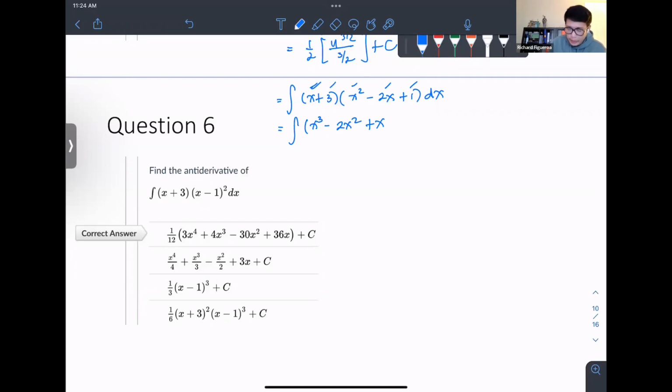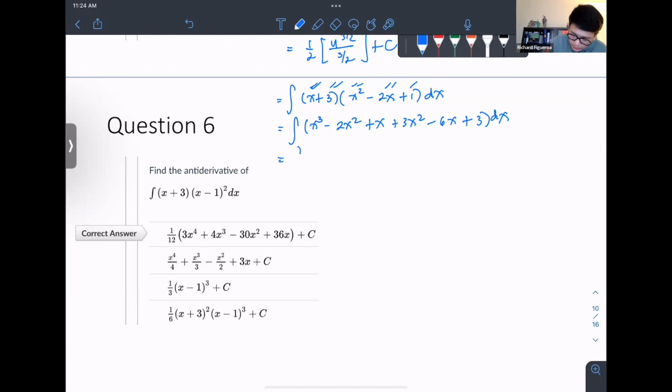Multiplied with x squared, so plus 3x squared. 3 multiplied with negative 2x, so negative 6x. And 3 times 1 will be positive 3 dx. So 3x squared minus 6x plus 3.